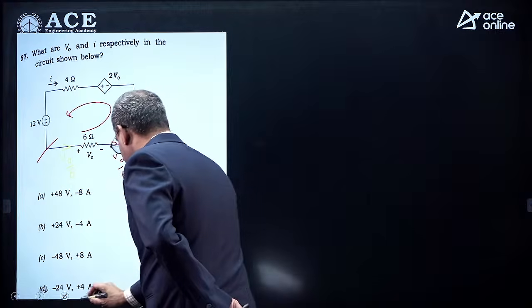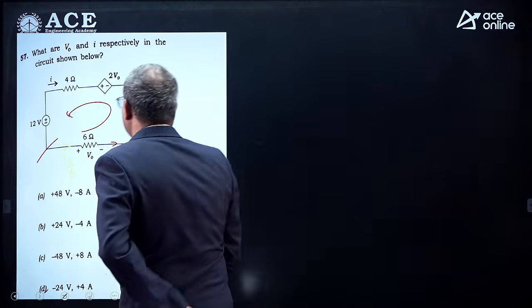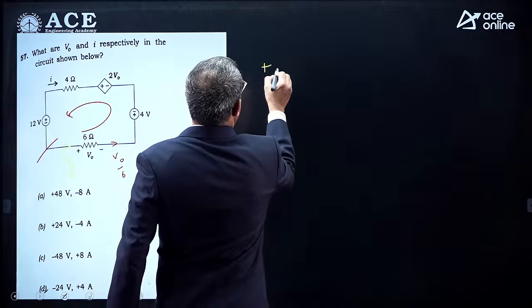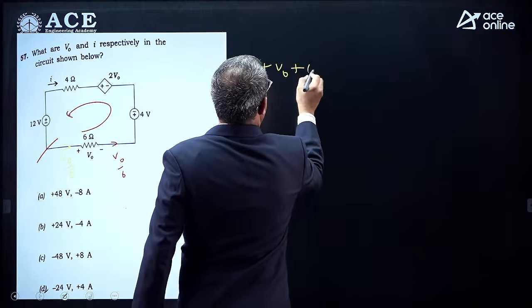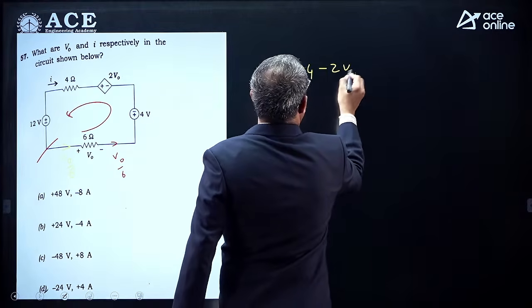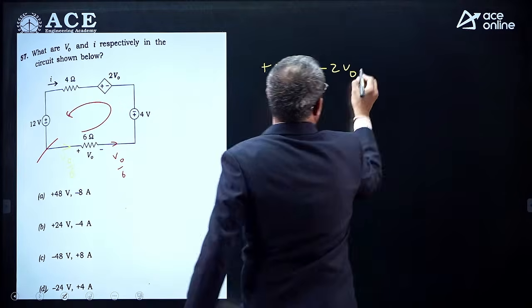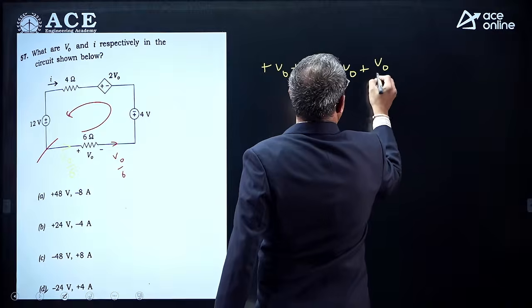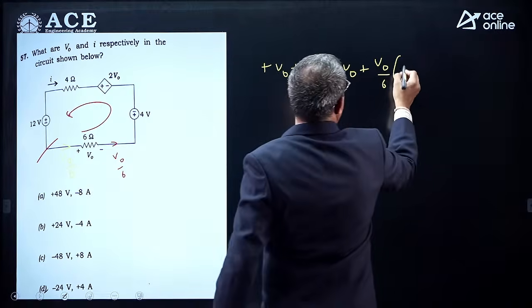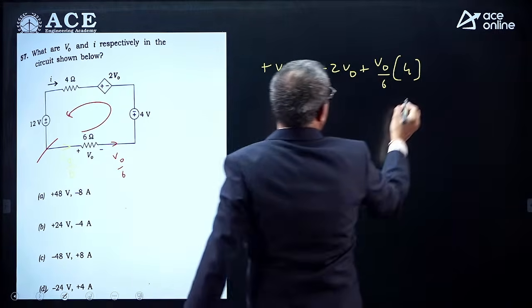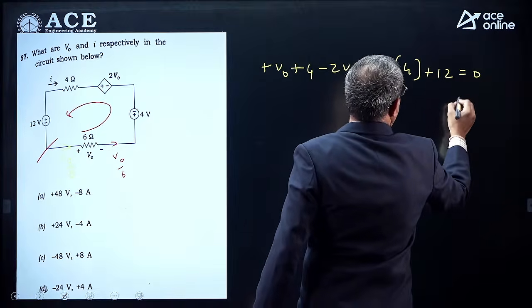If you write a simple KVL anticlockwise, plus V0, plus 4 minus 2 V0, and this is the same V0, so you take plus V0 by 6 into 4 ohms, and finally plus 12 is 0. That is the first equation.